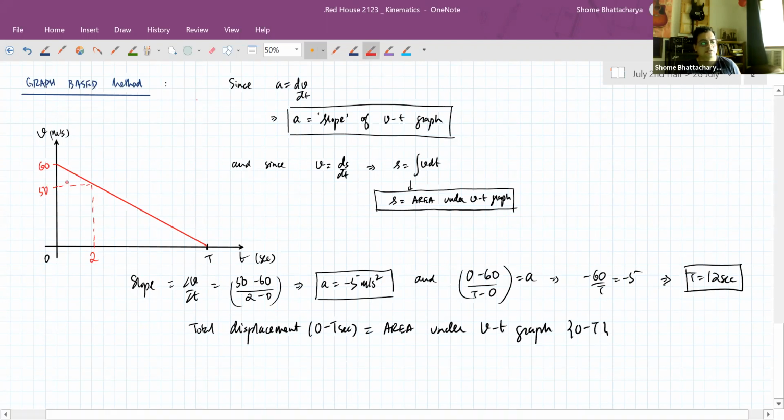So it's this total area: base into height.